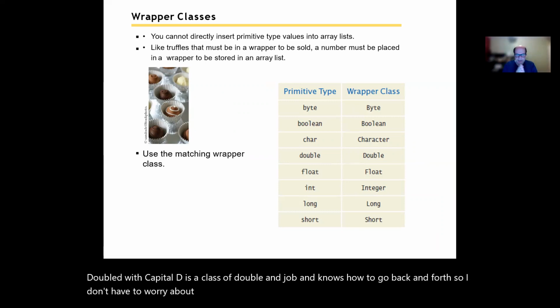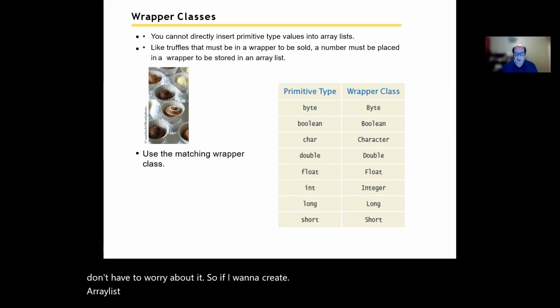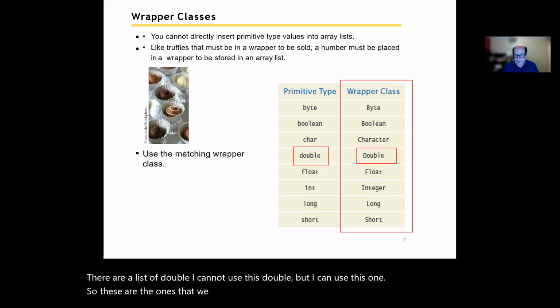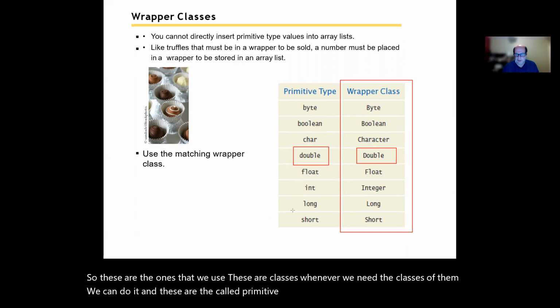So if I want to create an array list of double, I cannot use this double, but I can use this one. These are the classes, whenever we need the classes of them, we can use them. And these are called primitive types. These are the only things that are not classes in Java.